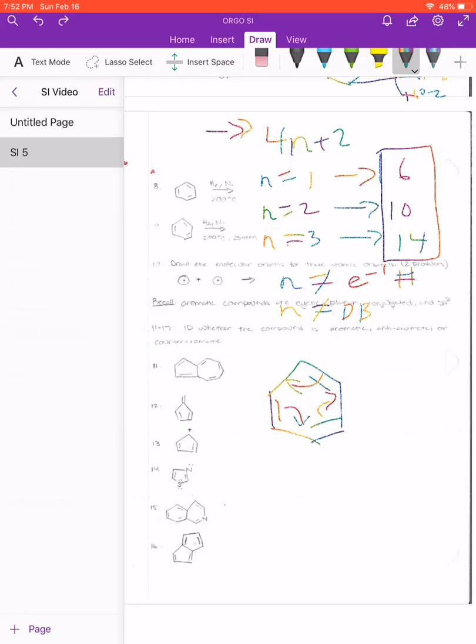So we know that it's conjugated and we know that it's planar, but how do we know if it's aromatic? Well, does it fit in with Huckel's rule? 4n plus 2. So Huckel's rule is this one, right?